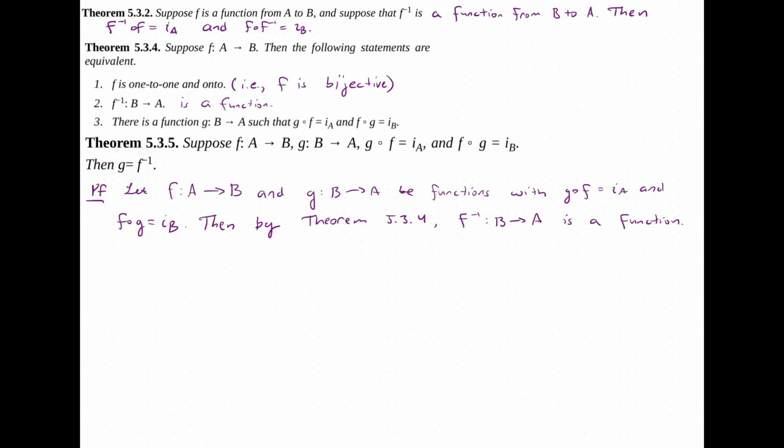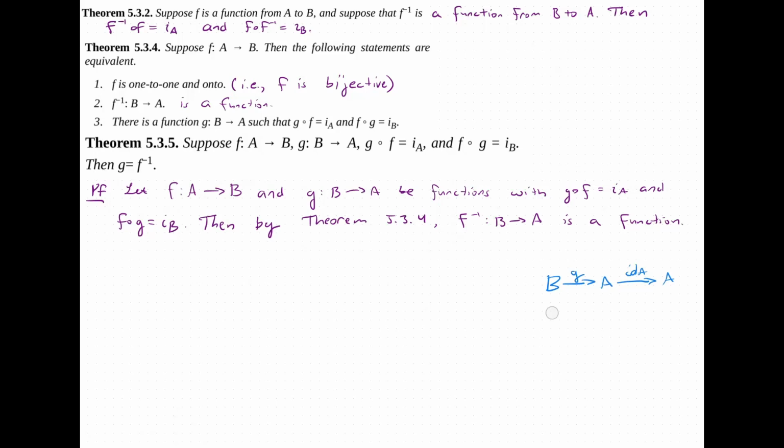Well, what we are going to do is the following clever trick. First off, I'm going to write g. This is going from B to A. And so g goes like this. But what if we decided to go back to A via the identity on A?